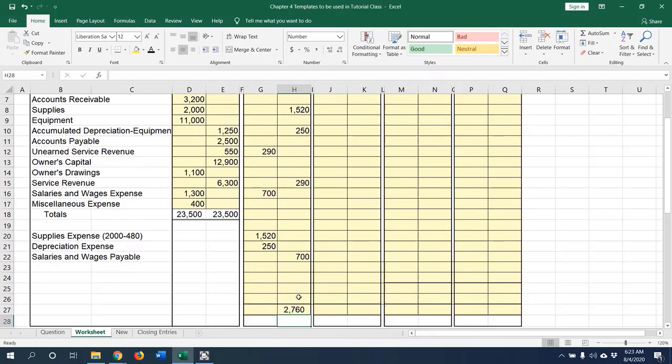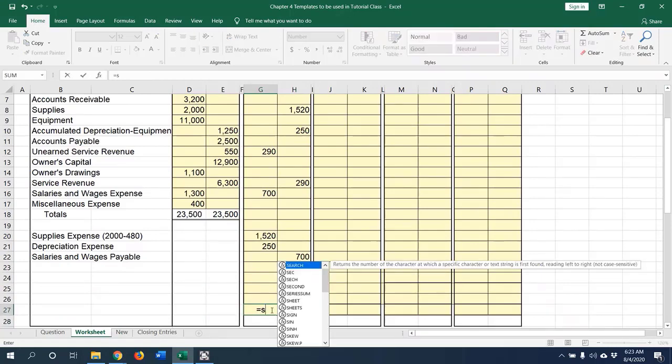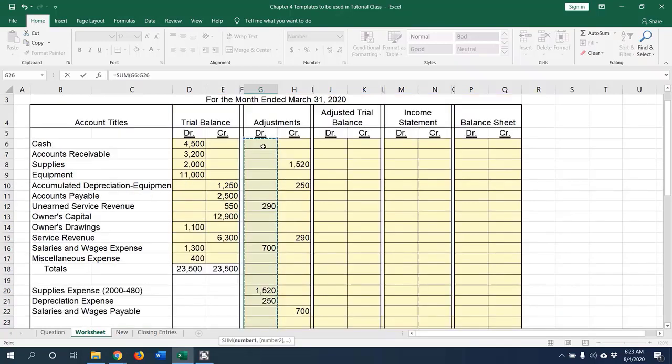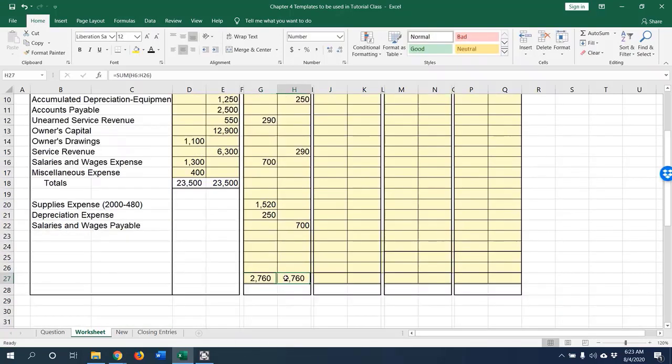This one is the credit side, 2760. This one is the debit side. Exactly, 2760 to 2760. The totals of the two sides are the same. It is 2760.